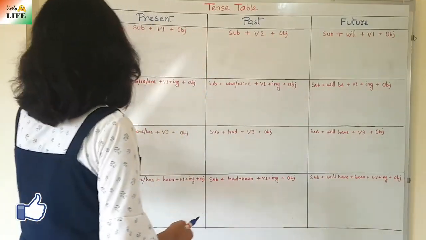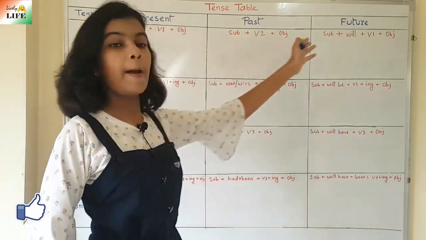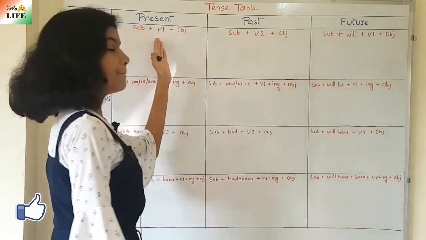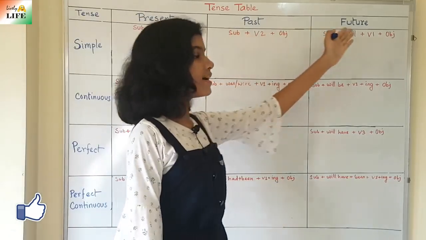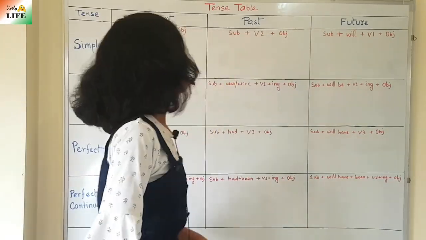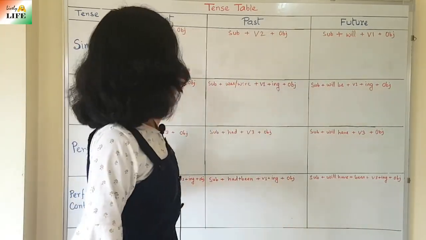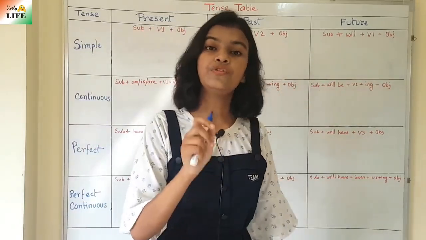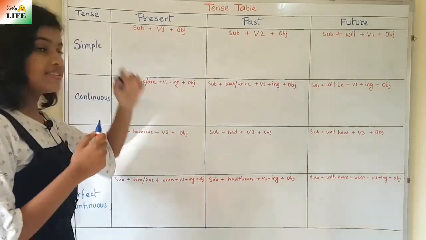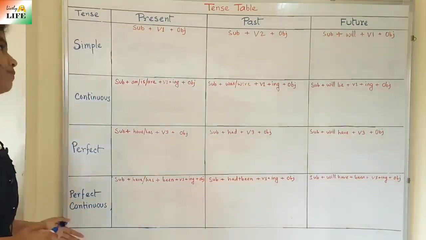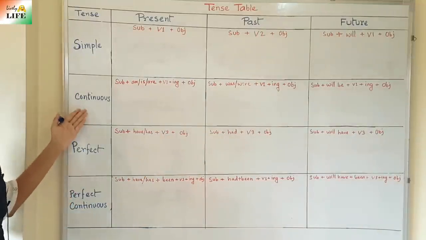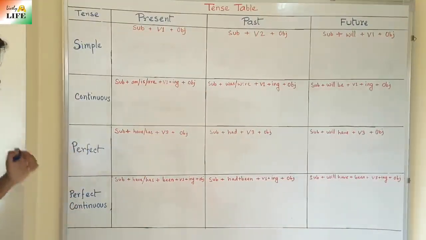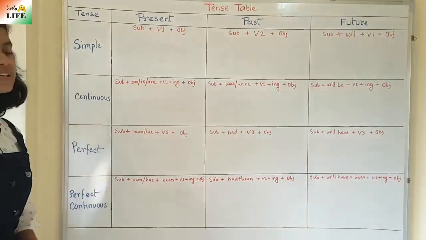First, tense is divided into 3 parts: present, past and future. And again, these 3 are divided into 4 parts. Present is divided into these 4 parts: simple present, present continuous, present perfect, present perfect continuous.